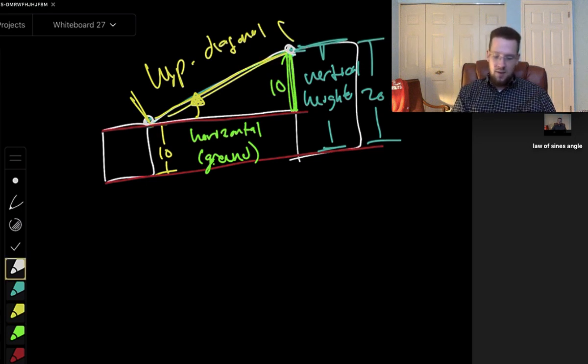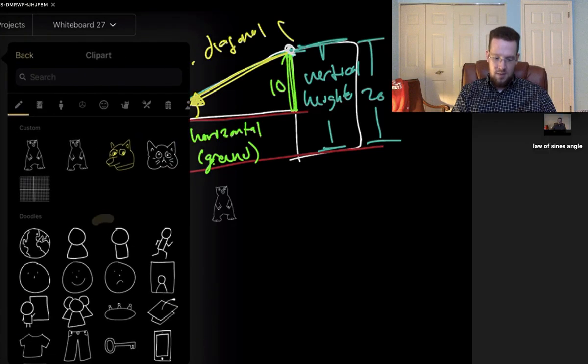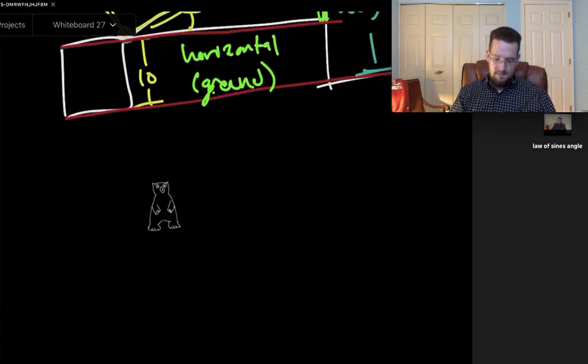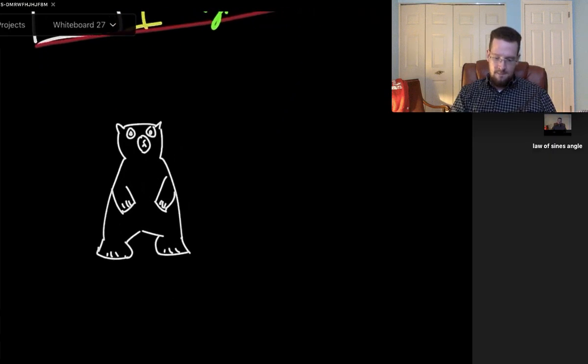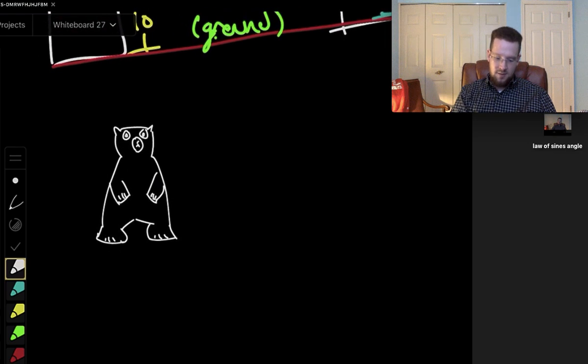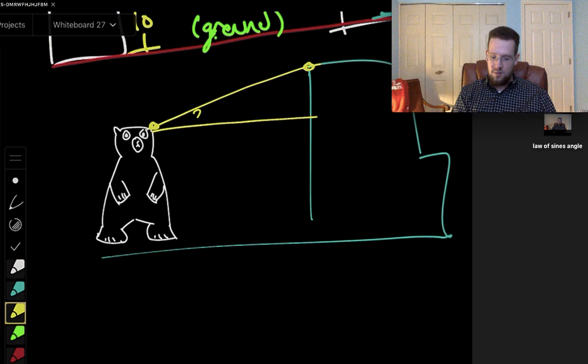And so let's just think about, let's say we have a polar bear. We have a polar bear, and the angle of elevation from the top of the polar bear to the top of his igloo is, let's say, 23 degrees.